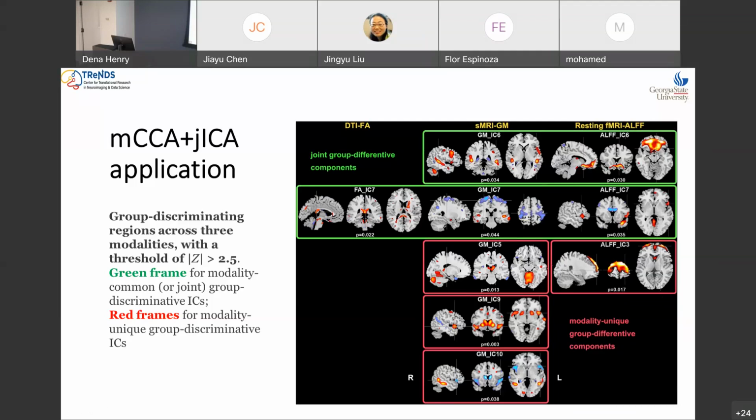It gives you biomarkers with meaningful clinical relevance. In addition, it tells you relationships across these modalities and gives you a joint brain network. These relationships, and the network patterns, will only be extracted by the joint analysis and are not available when you do individual analysis. So that's why you want to use MCCA plus joint ICA. That's the unique thing about this approach.